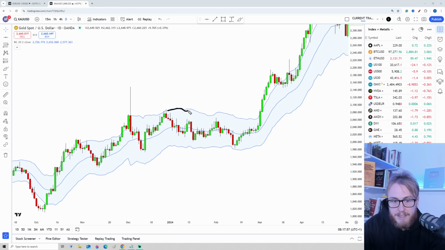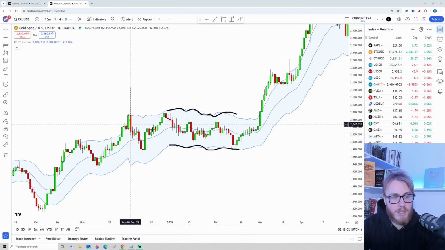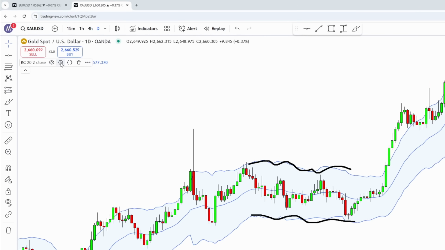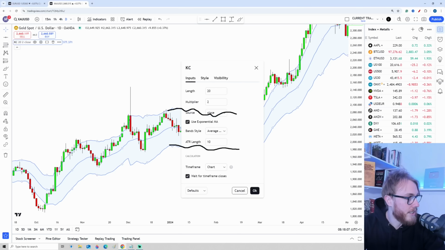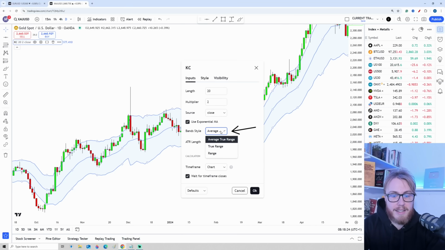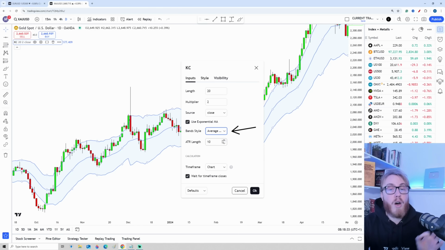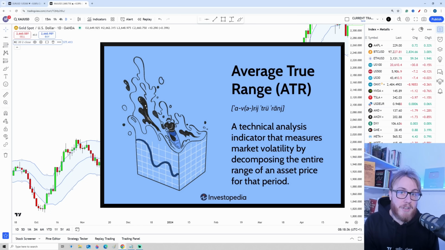Well, the main difference is how the upper and lower band is calculated. So to understand this, let's actually head up here to the settings tab for the Keltner channel, and let me delete my drawing, because what we can see here, if we go down to where it says bands style right here, you will notice that the bands will actually base its calculations not on standard deviations, but it will instead base the bands off an indicator called average true range, or for short ATR.